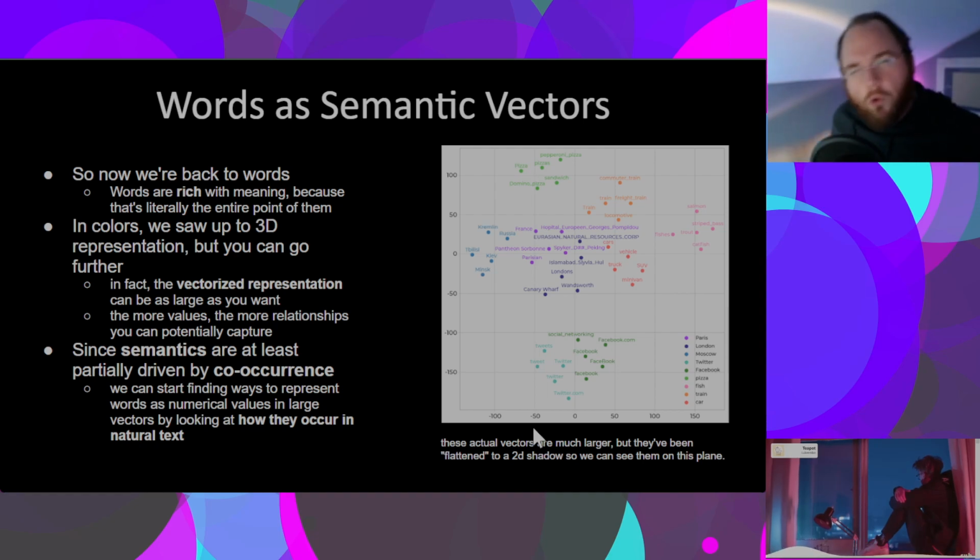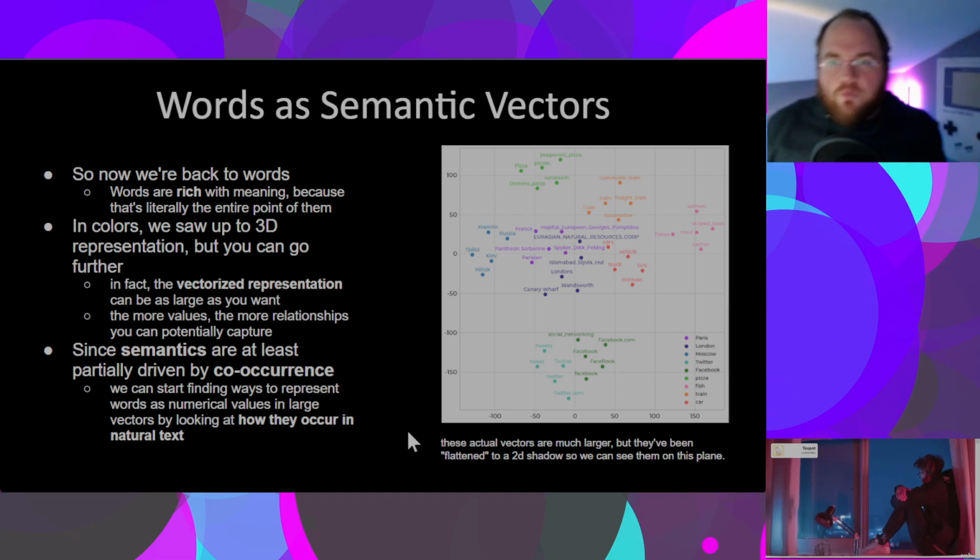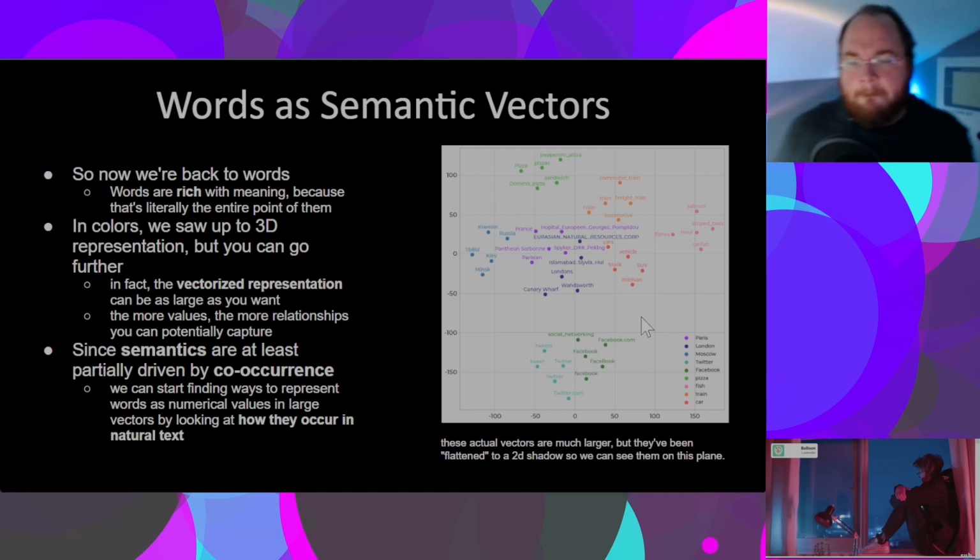You don't get the whole picture, but you get the outline, right? And here we're seeing the semantic shadow of some of these ideas and where they fall, right? So knowing that pizza is much closer to pizzas than pizza is close to tweet, it makes a certain sense, right? Now, how you do that is a whole other kettle of fish.